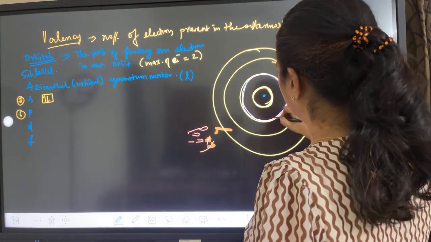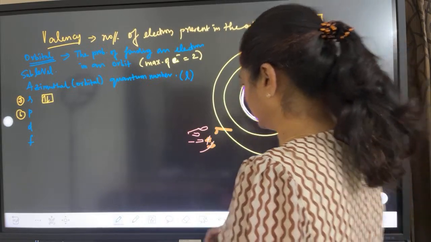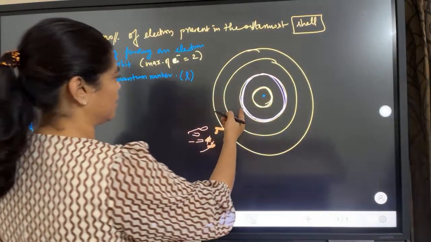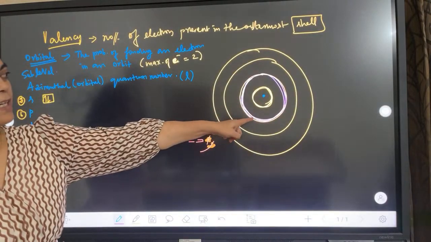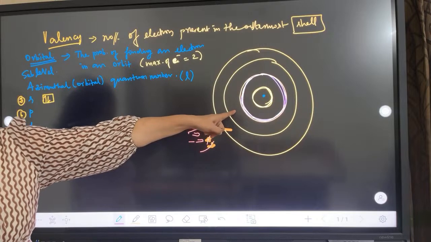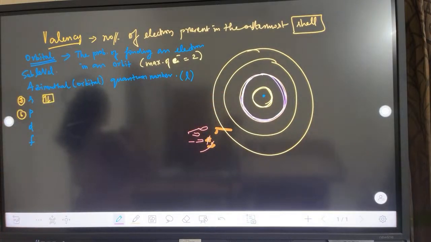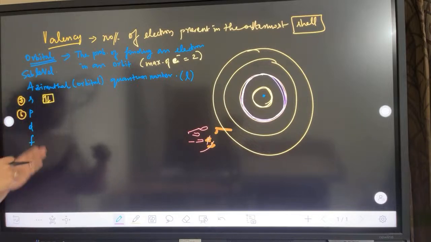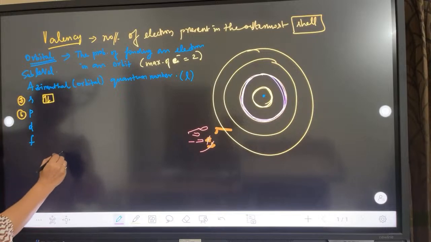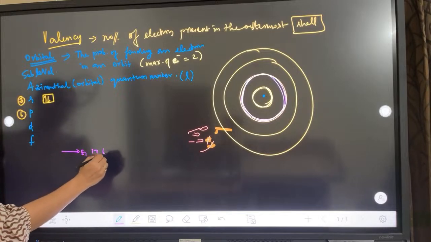So the p level consists of 2 sublevels. One is the s level; this yellow is the s level, and this pink is the p level. Understood? This talks about the energy levels. For example, in this graphical representation, this is the first energy level, 13.6 electron volt.